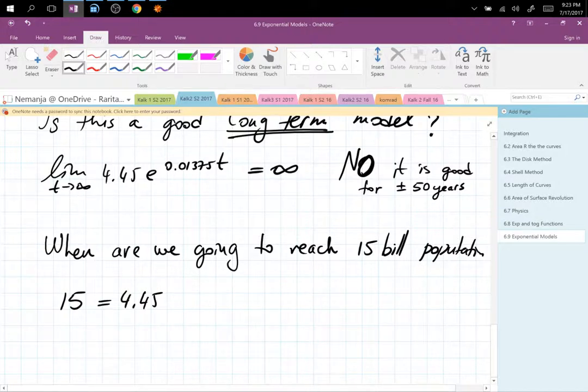There is nothing special. You will do the same calculation, divide by 4.45, ln both sides, divide by 0.01375, and then the number you get, you have to add, right? Because we zeroed out at 1980, you will have to add that value. So use your calculators and calculate this. I'll do it on my own, and let's see how it all works out.